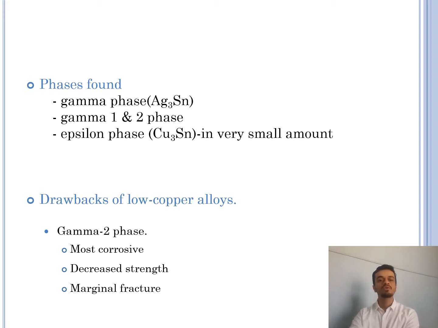Now the drawbacks of low copper alloys include the formation of the gamma 2 phase, which makes it least stable to corrosion. It decreases the strength and makes the restoration margins more prone to fracture.